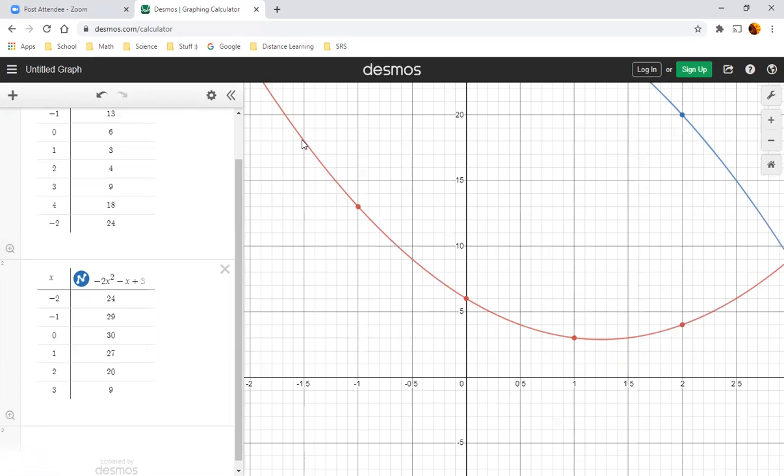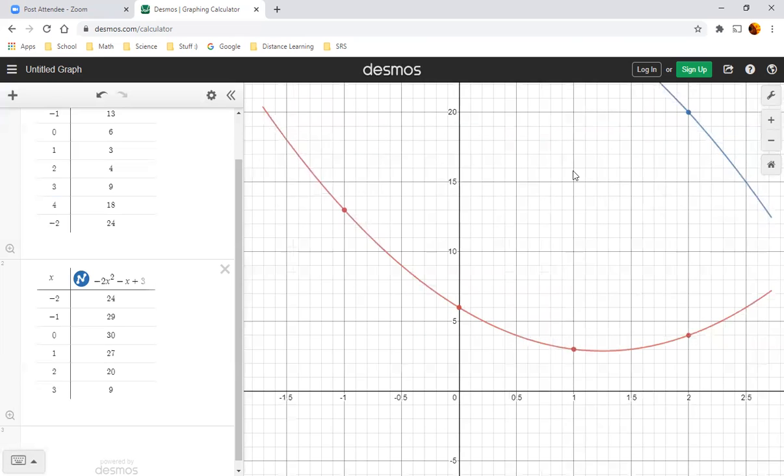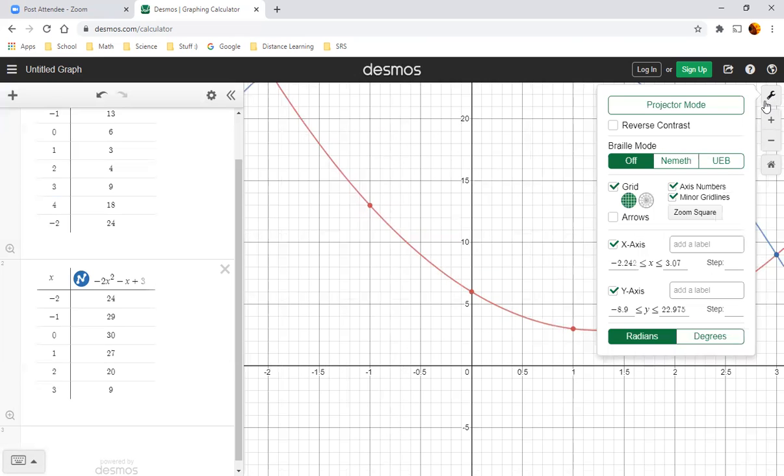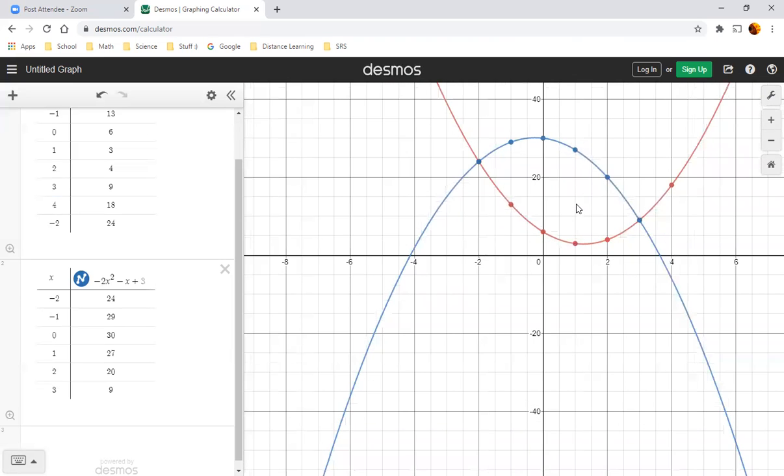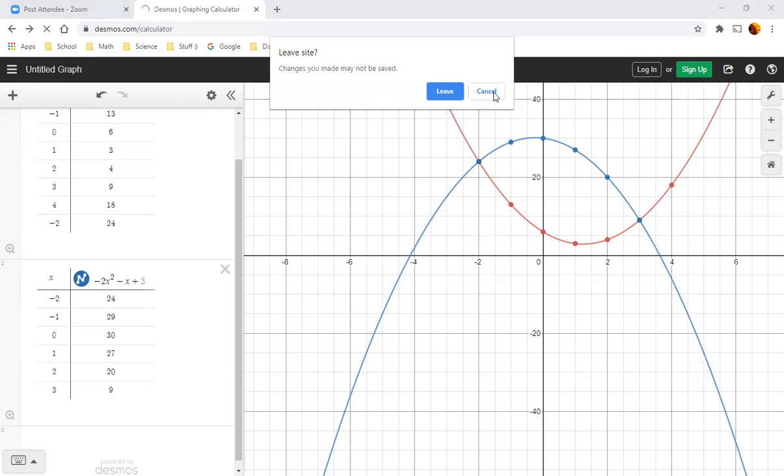How do you do that? I don't know. I'm so confused. Maybe we should restart. Oh, wait a minute. The back arrow? Not that arrow, the other back arrow.